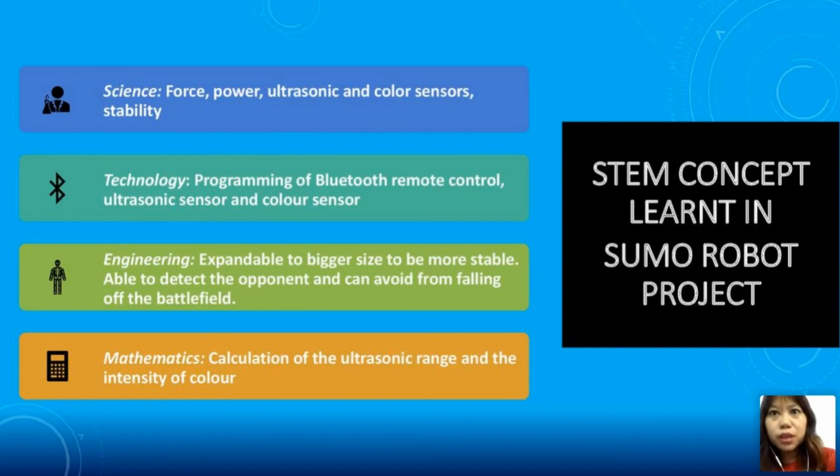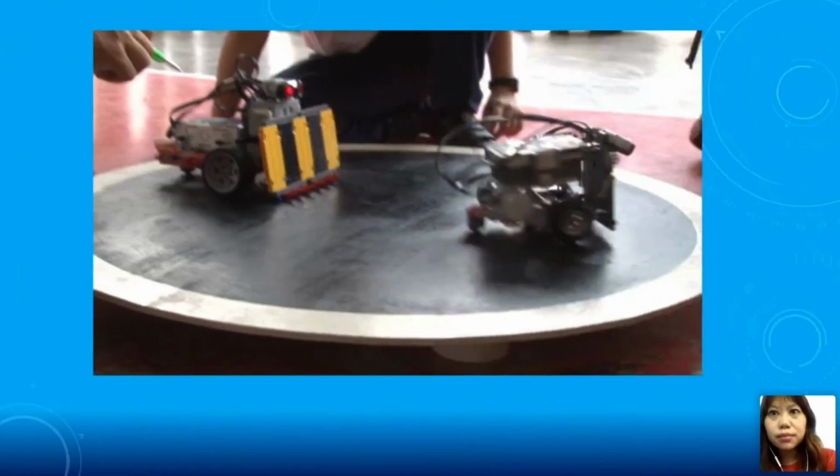In the engineering field, the students need to build a robot that is expandable, so it can expand in size. For mathematics, the students need to calculate the ultrasonic range and the intensity of the color. These are the situations during the competition.